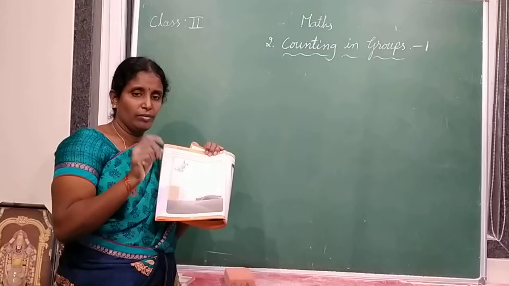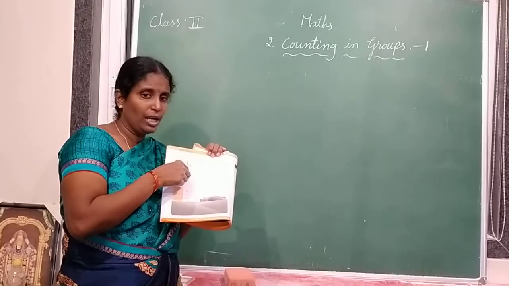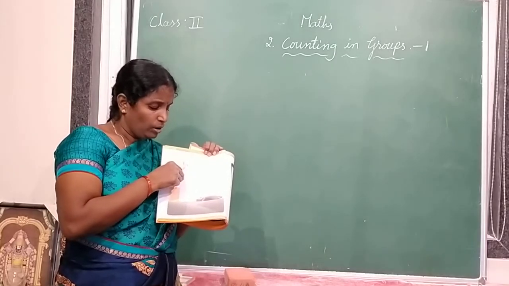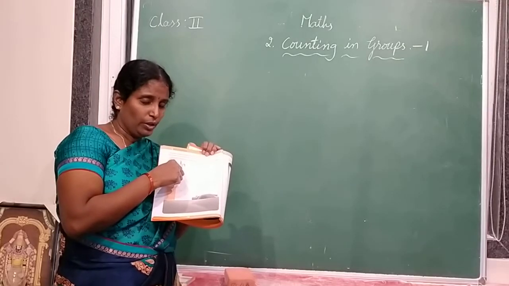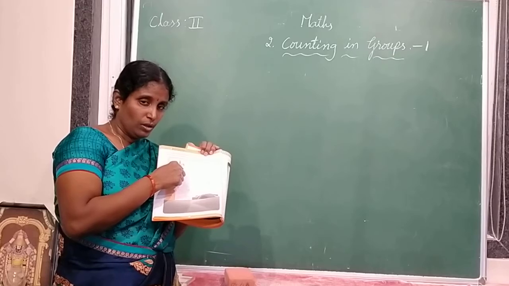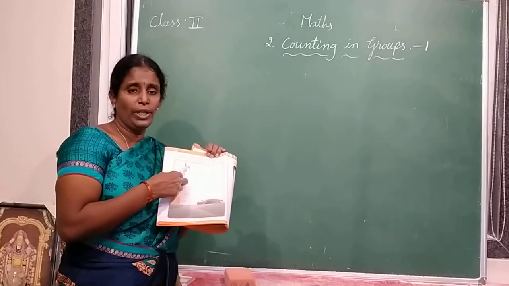It is nothing but the way. So you have to show the way. So 2. After 2, you have to join the next number in counting in twos.